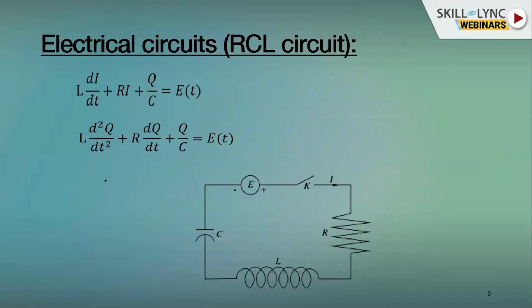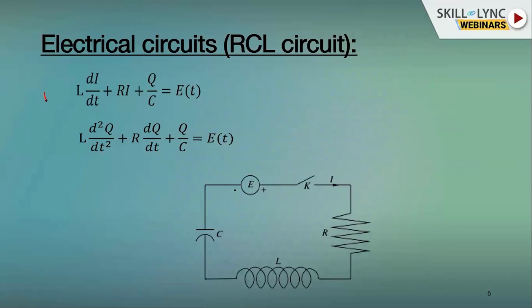Even in the electrical domain, we are using these equations only. If you see, this is the figure for a resistor, capacitor and inductor in series form, and solving this problem is very tedious in engineering.